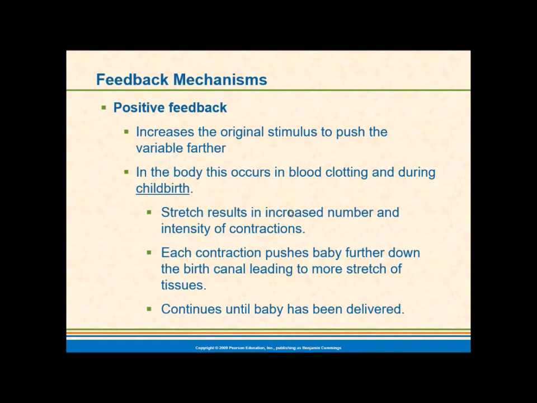And those contractions push the baby a little bit further down, which causes a new wave of oxytocin to be released and a new wave of contractions. And this continues until the baby is delivered.